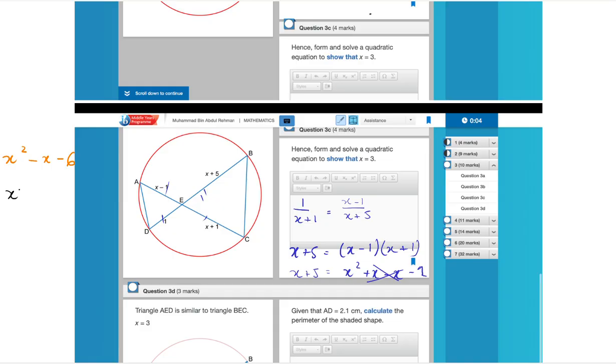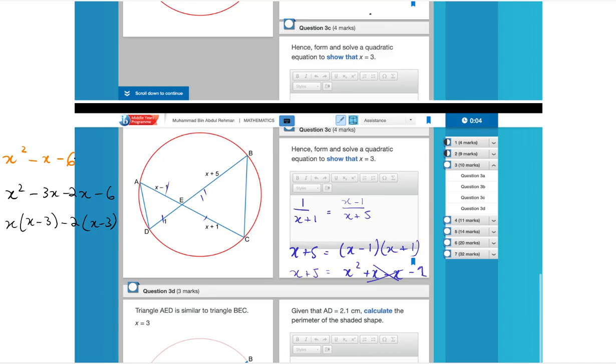We have x squared minus 3x minus 2x minus 6. X taken as common, and within the bracket we have x minus 3, minus 2 taken as common, and within the bracket we have x minus 3, right?